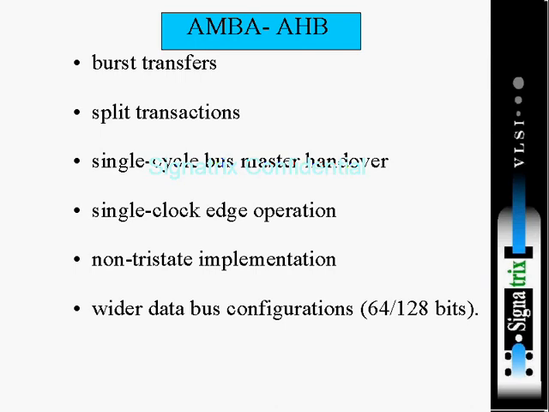Now we know that this AMBA bus architecture will support multiple bus masters, right? So suppose first master accessed that bus. Now the second master wants to access that bus at the same time. No, at the same time only one master can access. Okay.